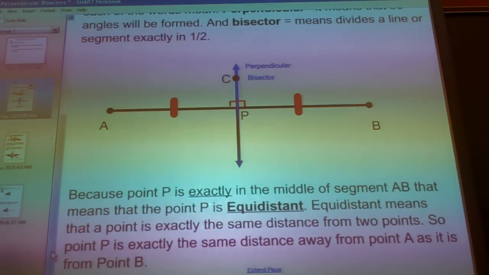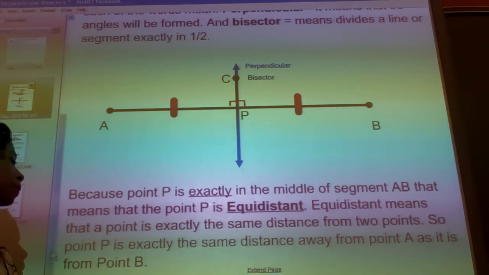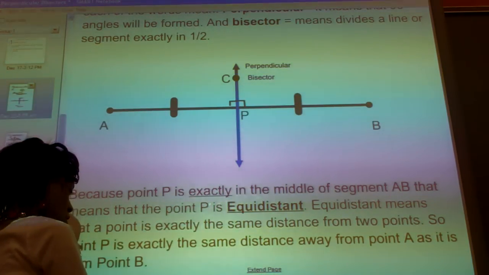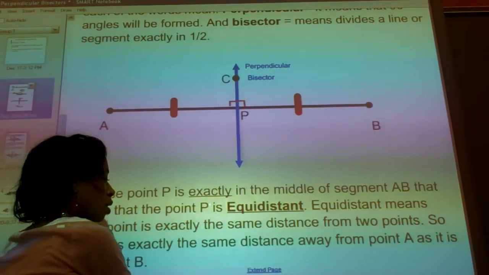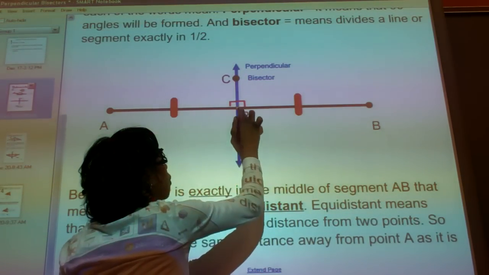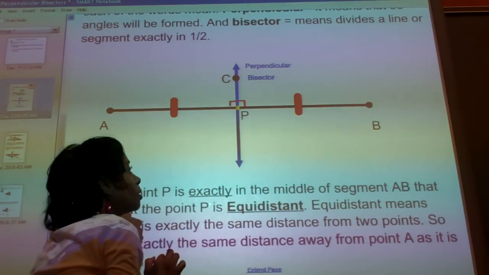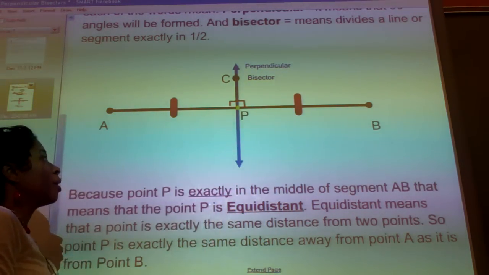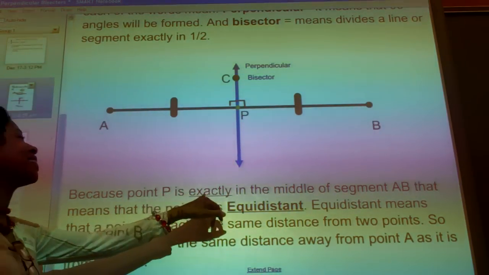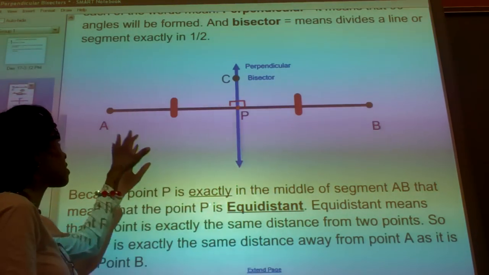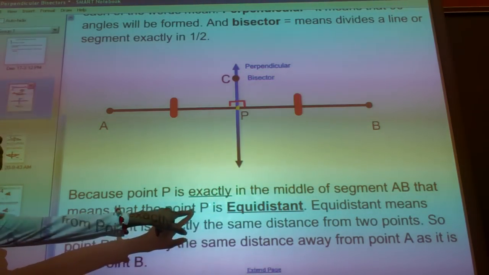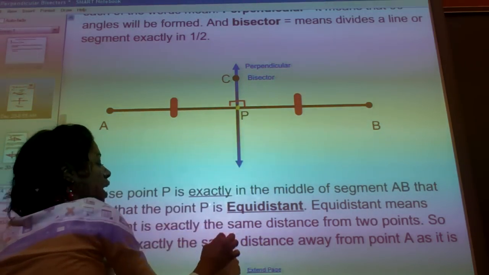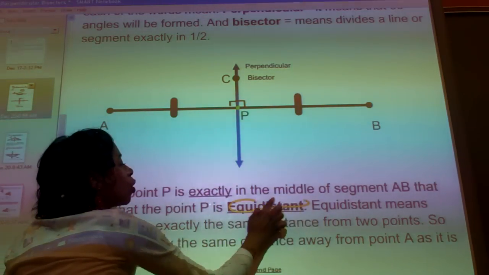And because point P, this center point from the line CP, is exactly in the middle of segment AB, that means that point P is what we call equidistant.